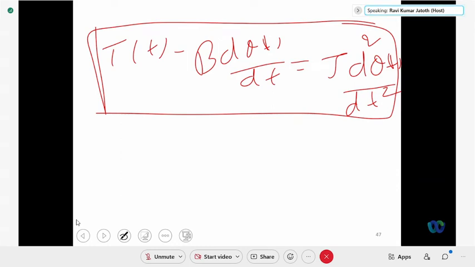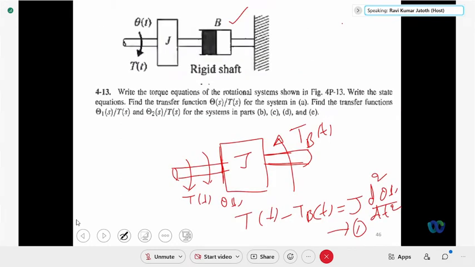So this is the differential equation governing this rotational system.